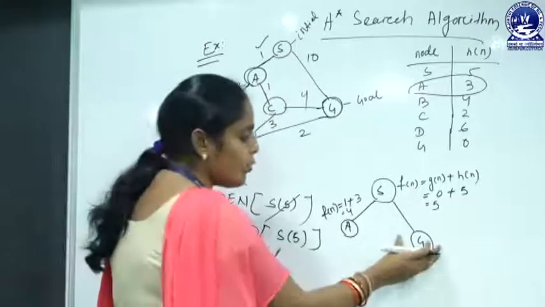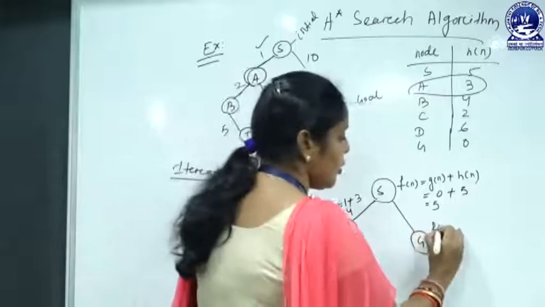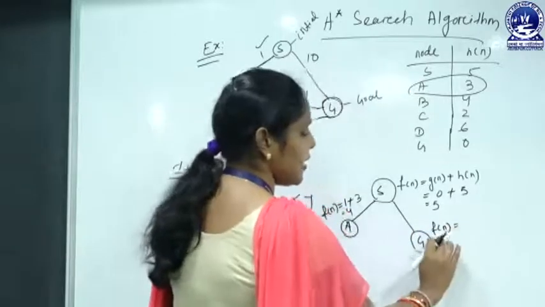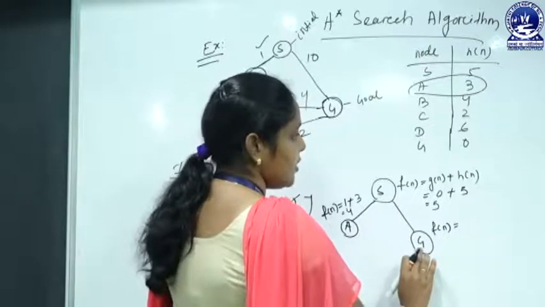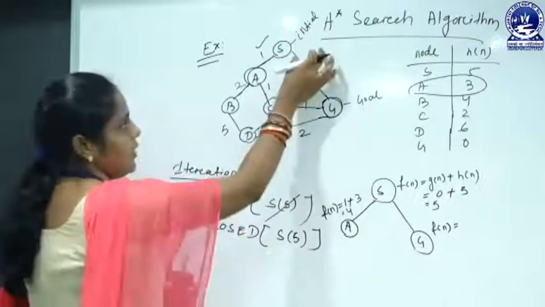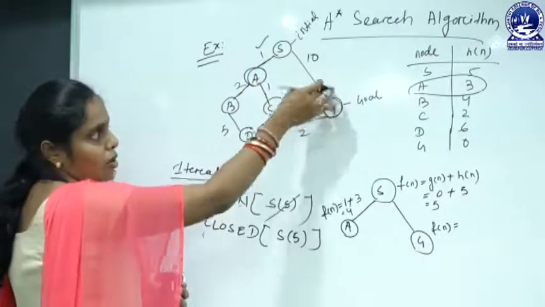Similarly, you calculate the Fn value for the node G. Here for node G the Gn value is 10, that is the cost from the initial node to that node.